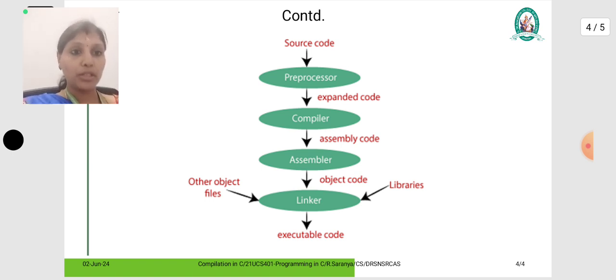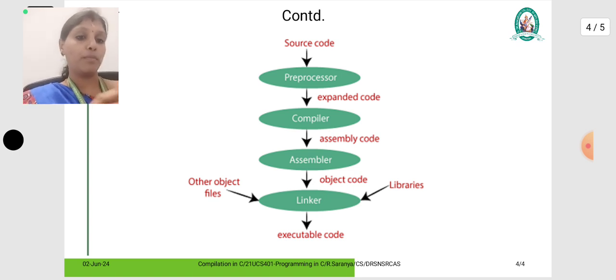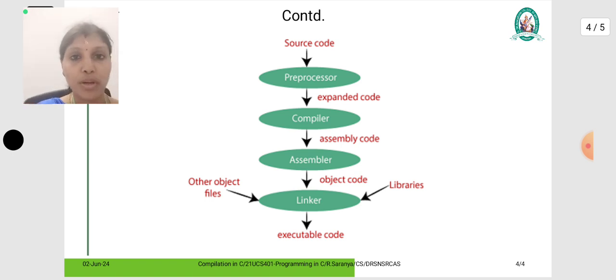After expanding the code, we forward it to the compiler. The compiler converts it into low level code, that is assembly code, with the help of the assembler. After that it converts the source code into object code, which is binary values that the machine can understand.